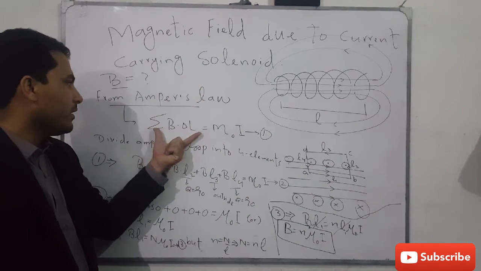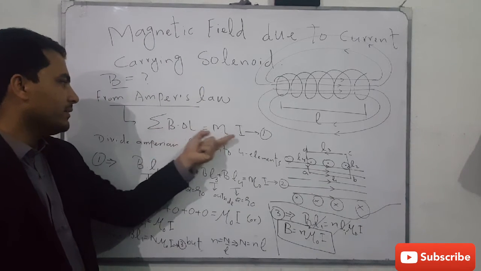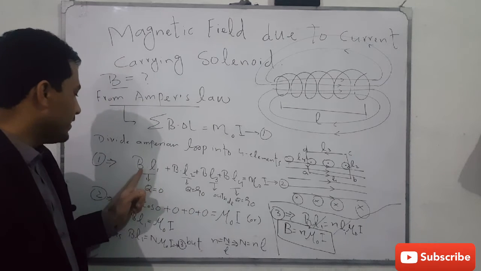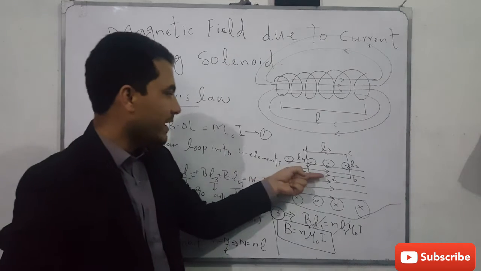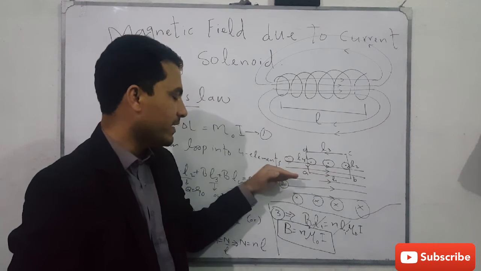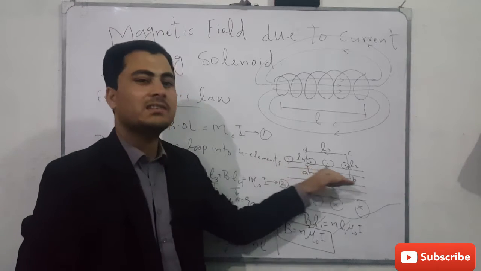Now according to Ampere's law, the integral of B dot dL is equal to mu naught N I. Here we see that the magnetic field and the length element L1 are parallel, because the magnetic field is parallel to the axis of the solenoid.